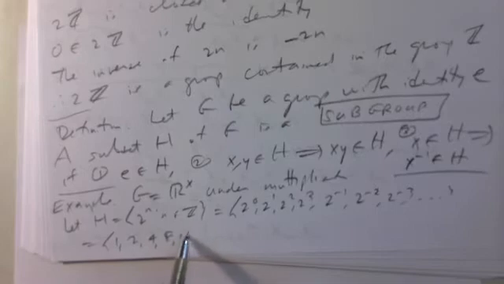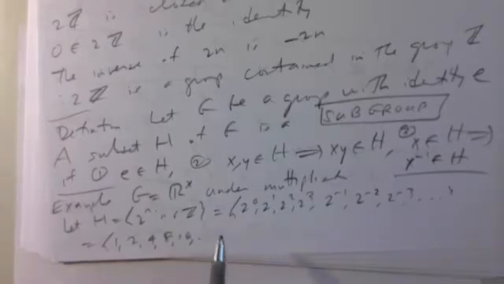So 2 to the 0, 2, 2 squared, 2 cubed, 2 to the minus 1, 2 to the minus 2, 2 to the minus 3, and so on. This infinite set of powers of 2. So this is 1, 2, 4, 8, 16, all the positive integral powers of 2, but also the fractions, a half, a fourth, an eighth, a 16th, and so on.